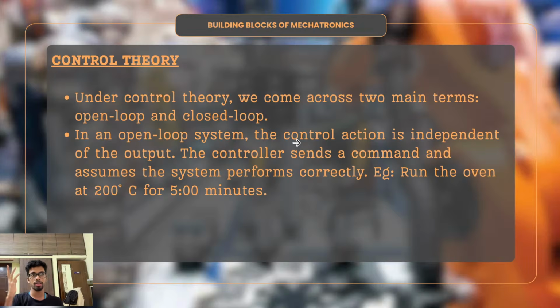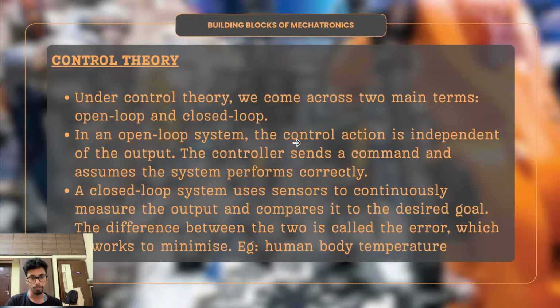It monitors if you are in an Arctic region, or in the equator or some hot place, and it constantly makes sure that your body adapts to the external temperature such that your body temperature is the same. In a closed loop system, our sensors continuously measure output, and it compares it to the desired goal.